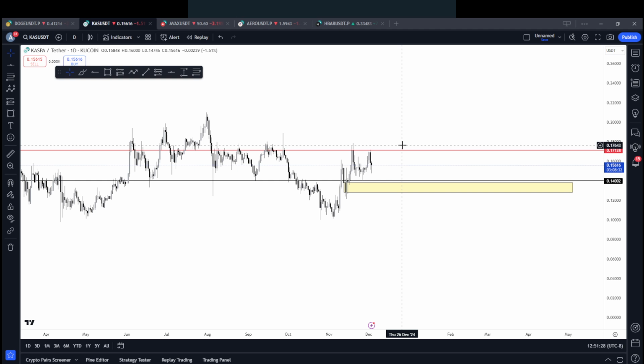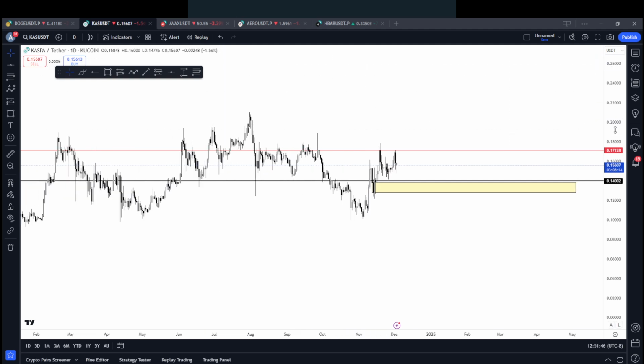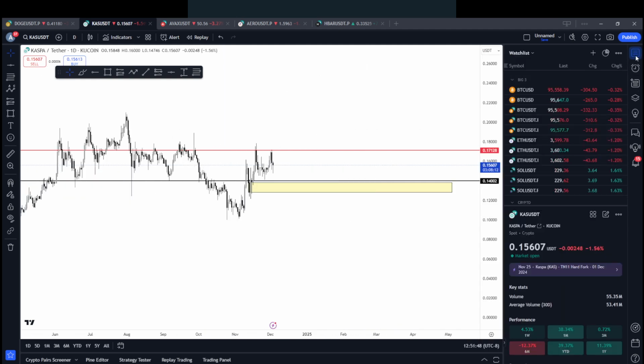Okay. Anyone see potentially bullish? Okay. So this can go both ways, right?